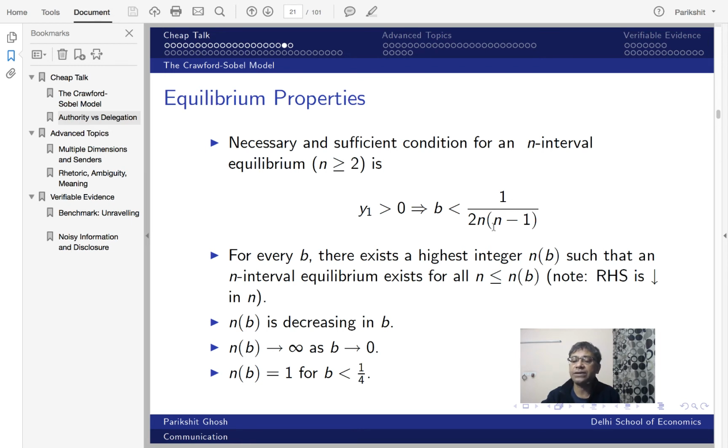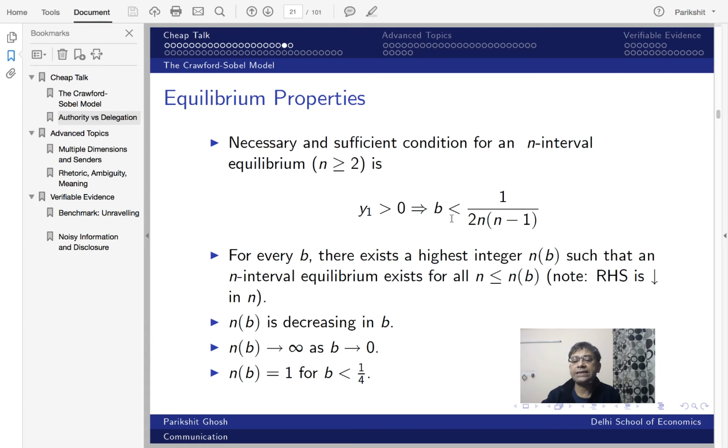Its denominator is getting smaller, so the whole thing is getting larger. So if you fix the value of b, as you're increasing n, you will hit a point where this inequality is no longer satisfied. Okay? And notice that if this inequality is satisfied for some value of n, it will be satisfied for lower values of n. Right?